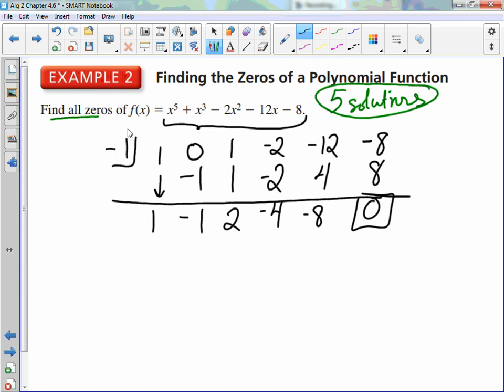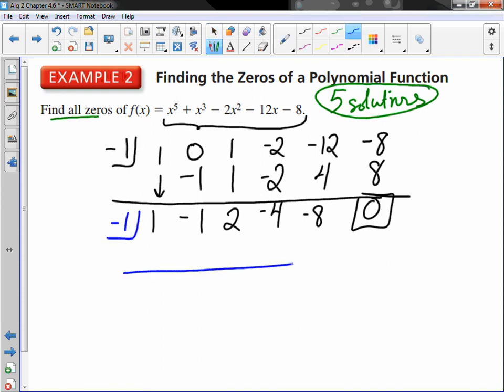So where we saw that it hit the x-axis at negative 1 but didn't cross, there could be 2, 4, 6, 8, 10 going on. There's an even number of them there. So what that means is we can try negative 1 again.